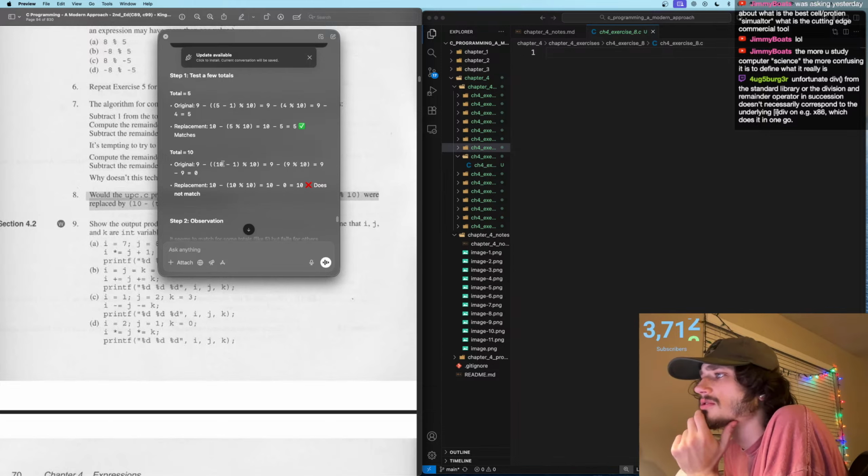Okay, so this is 9 minus 9 modulo 10. 9 modulo 10 is 9, I thought, which is 0. Okay.